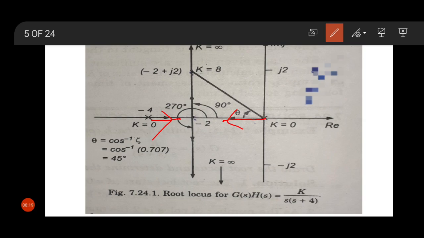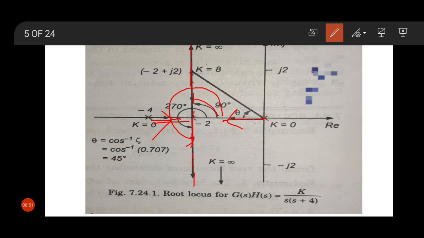So from -2 we draw asymptotes at angles of 90 degrees and 270 degrees. Asymptotes are always drawn by dotted lines.